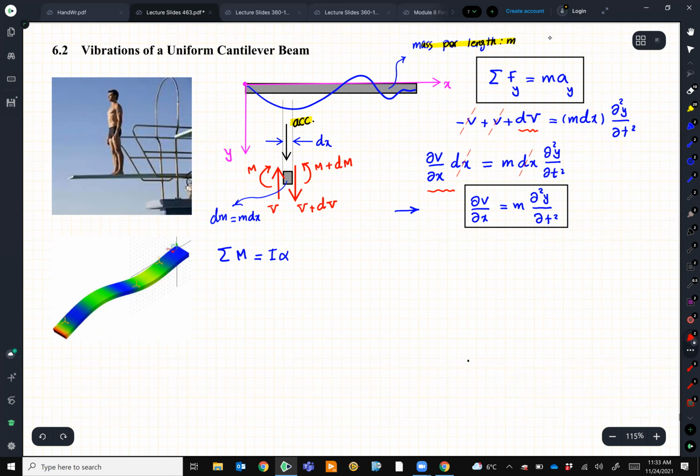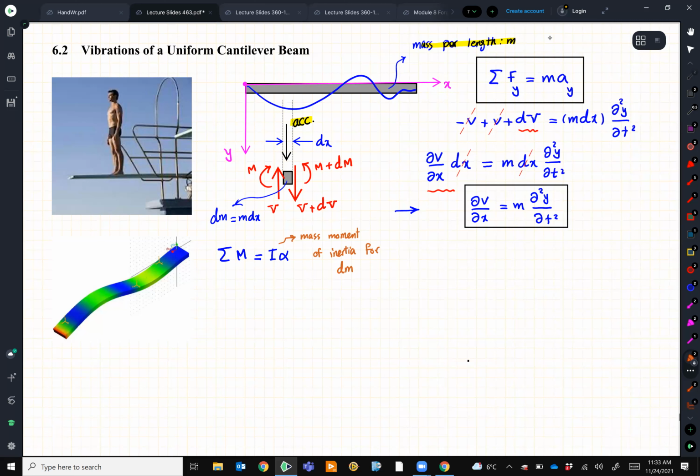This I, because later we have another I and you don't want to get confused, is the mass moment of inertia for this dm, this little element. And alpha is its angular acceleration.